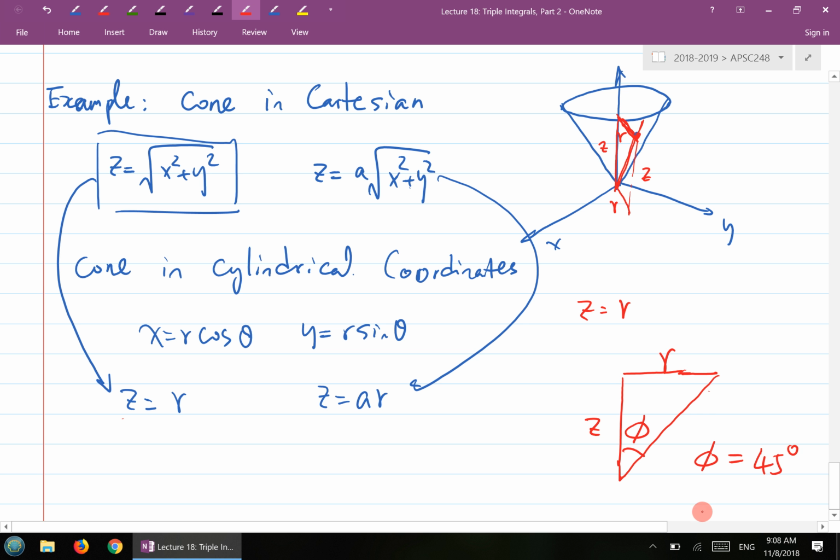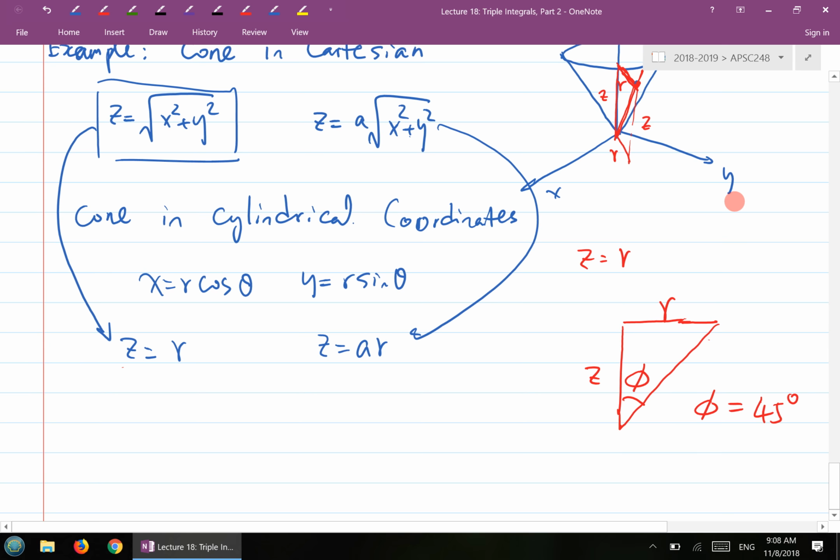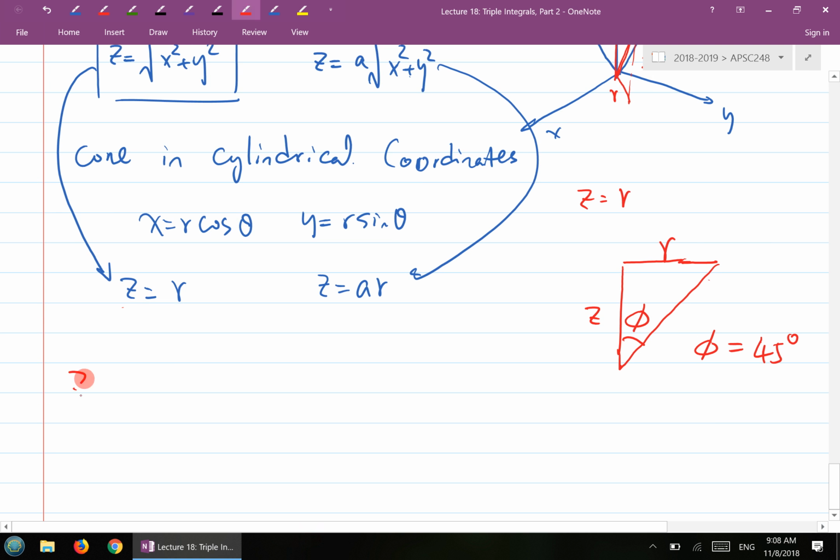So let's take a look at a different case. I'll give you a specific value here. Z equal to 1 over root 3 times the square root of x squared plus y squared.